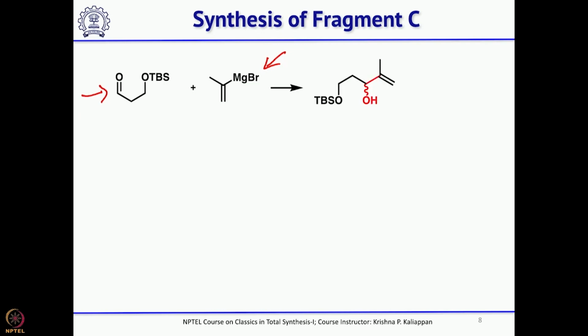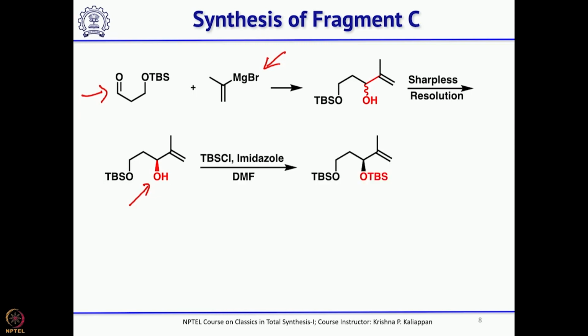As you know, when you have allylic alcohol, one can think about Sharpless asymmetric epoxidation. But when you have a racemic allylic alcohol, one can think about Sharpless kinetic resolution. So, Sharpless kinetic resolution, you could get exclusively this alcohol. Of course, the yield will be less than 50%.